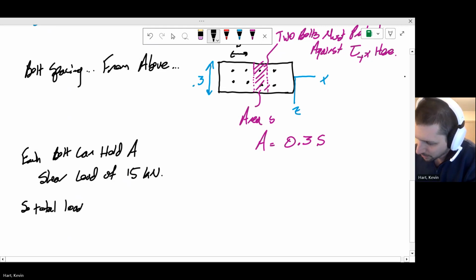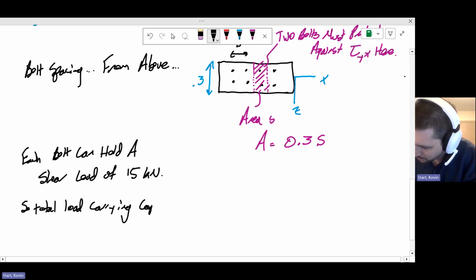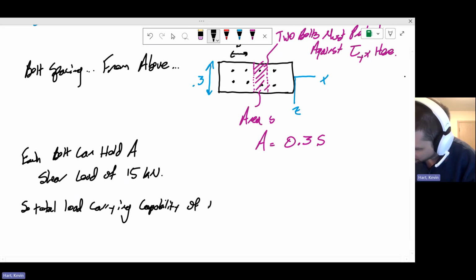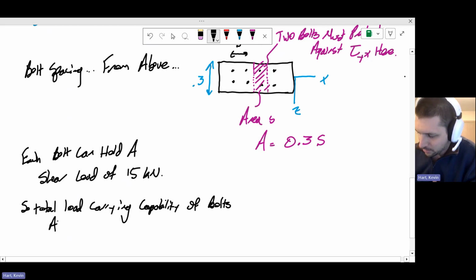Total load carrying capability of bolts in each of these areas that we've specified.